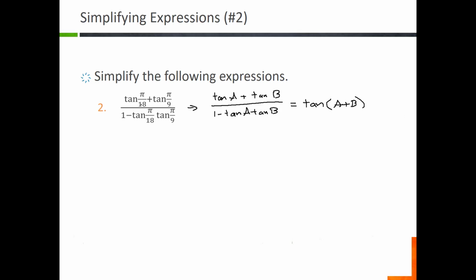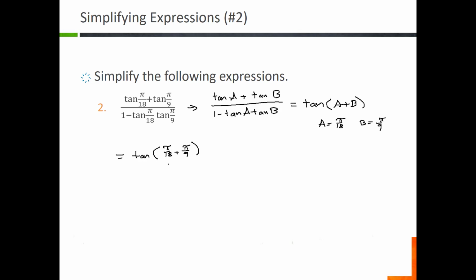So I could rewrite this entire fraction as just the tangent of A plus B. So A, in this case, is going to be the pi over 18, and B is going to be the pi over 9. So I could rewrite this whole big fraction as the tangent of pi over 18 plus pi over 9. So just one tangent of the sum of the pi over 18 and pi over 9.